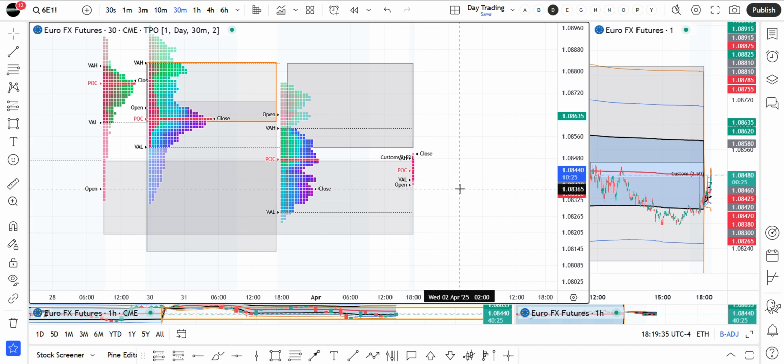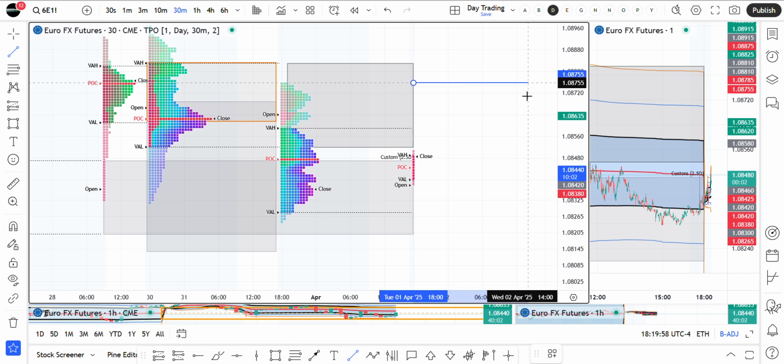market profile. What I'm looking at is poor highs, poor lows, value areas, single prints, excess. So we have excess, no excess, we got a poor high. That's a complete auction there. First thing I'm gonna do is mark out that poor high.